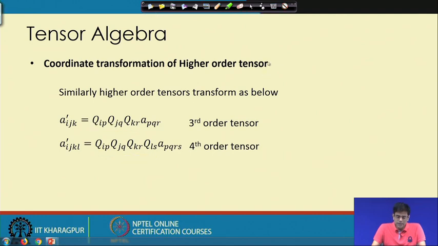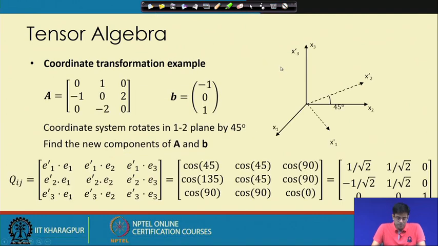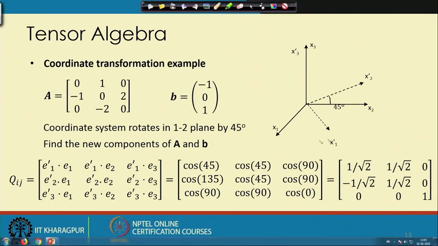So, let us see what type of coordinate transformation through an example. For instance, if A is a second order tensor and B is a vector, we want to transform them. First, let us rotate this coordinate system x1, x2 and x3 within the x1 x2 plane by 45 degrees.